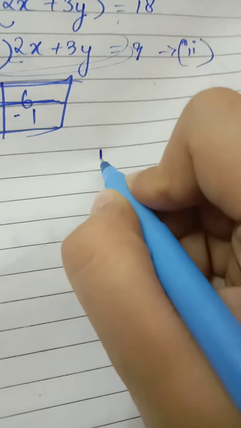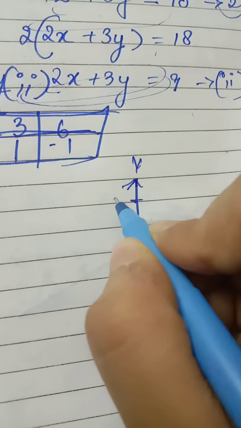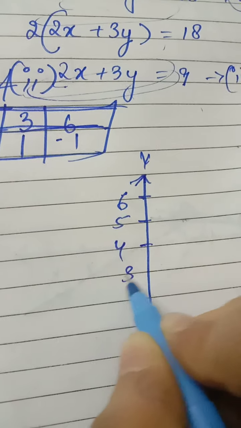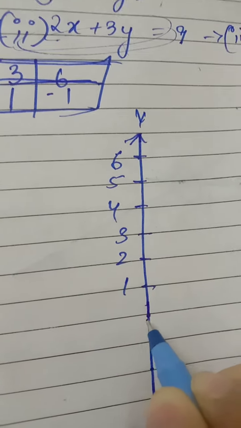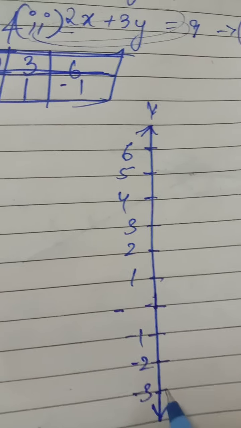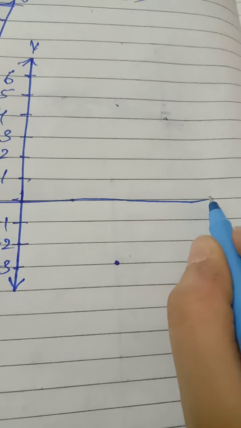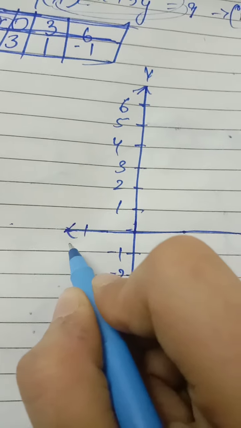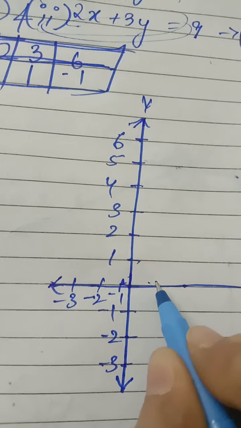So now let us make our graph. What is our graph? So we get 1.